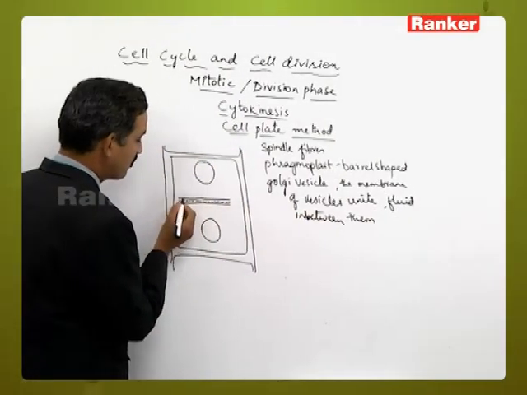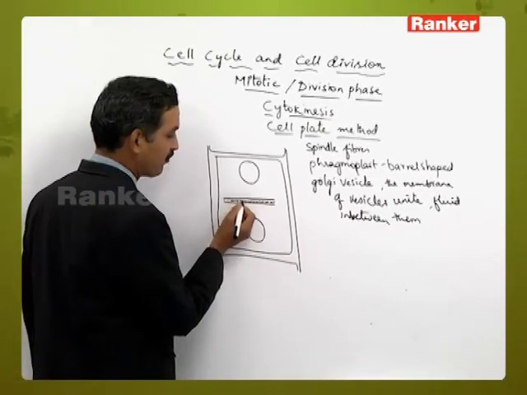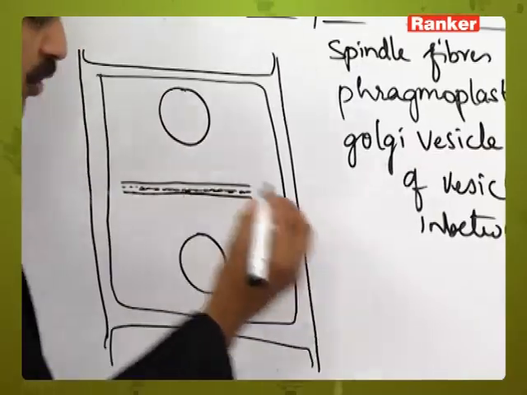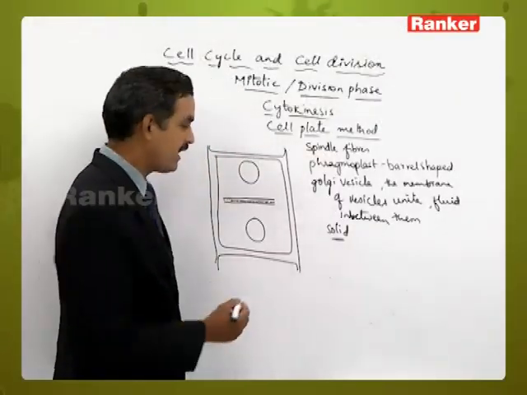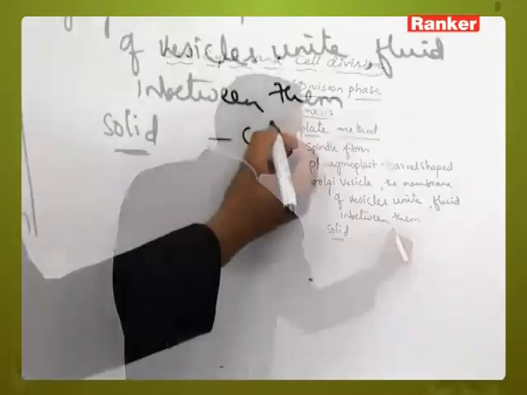So they will fuse to form a two-membrane structure. Between them the fluid matter will be left, and this fluid matter will gradually solidify, and that structure is called a cell plate.